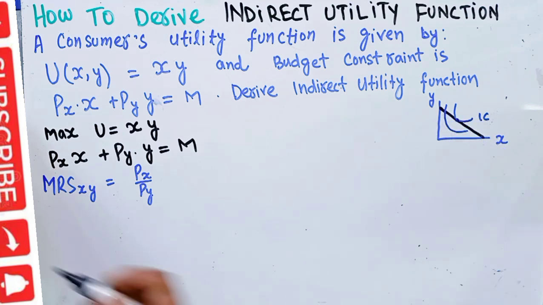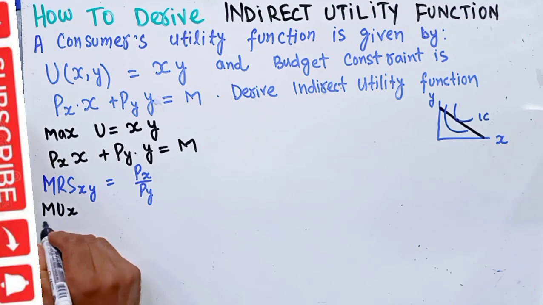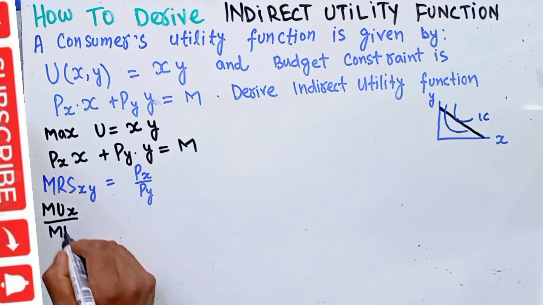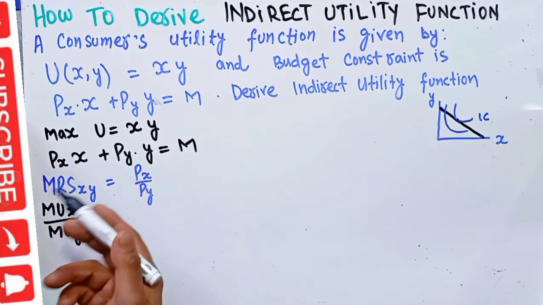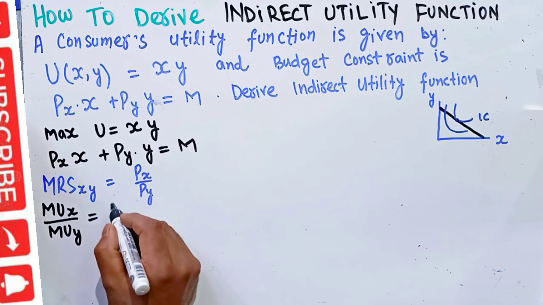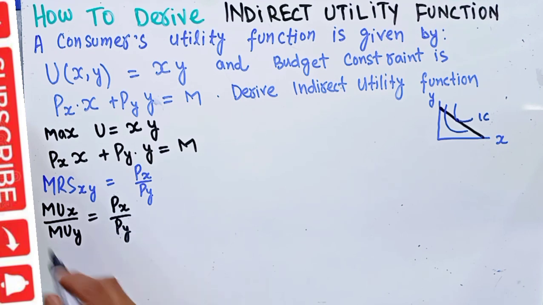And what is MRS? It is simply the marginal utility of good x upon the marginal utility of good y. The ratio of the marginal utilities gives us the MRS, and it should be equal to price of x upon price of y. Now, what is the marginal utility of good x?